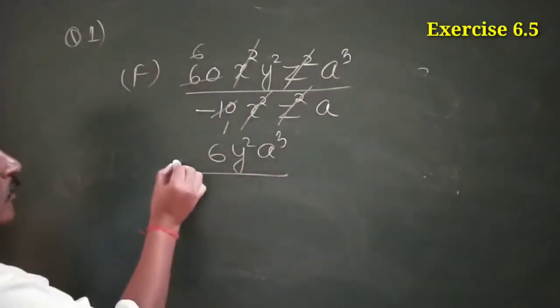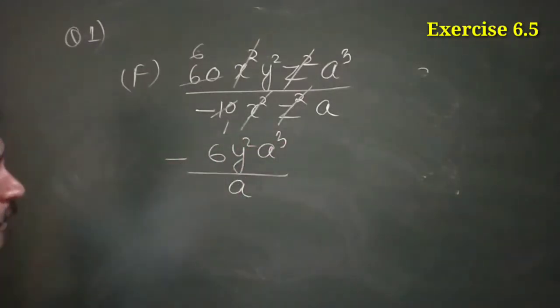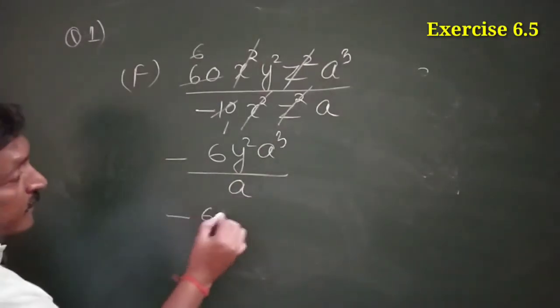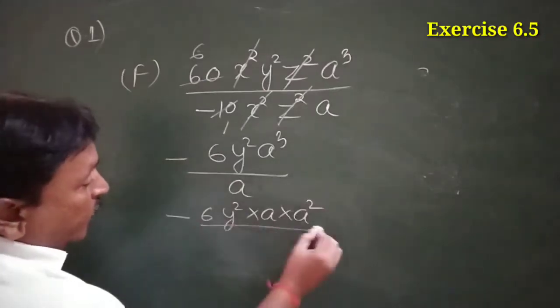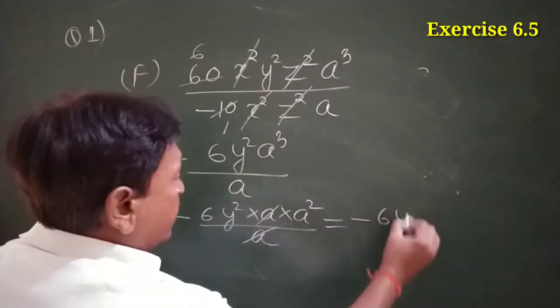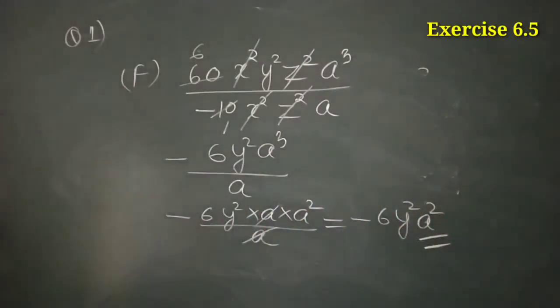This minus will come in the numerator, no problem. And what is left? A. Okay? So we have to take out 1a from here. Minus 6 y square into a square upon a. A is cancelled by a. So we have our answer minus 6 y square a square. Okay? Note it.